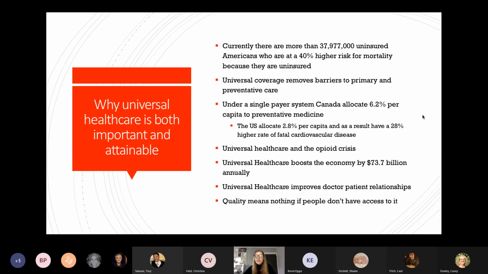Private insurance actually directly contributes to the opioid crisis in America. The cost of opioid versus non-opioid drugs is very different. Opioids are a lot cheaper than, say, physical therapy or non-opioid drugs.